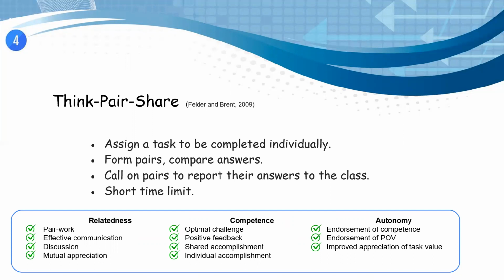When you do call on pairs to report back, don't do so in a predictable order. Do so in an unpredictable order, so that there's a sense of accountability among the students, a sense that they could be asked to report their findings back.